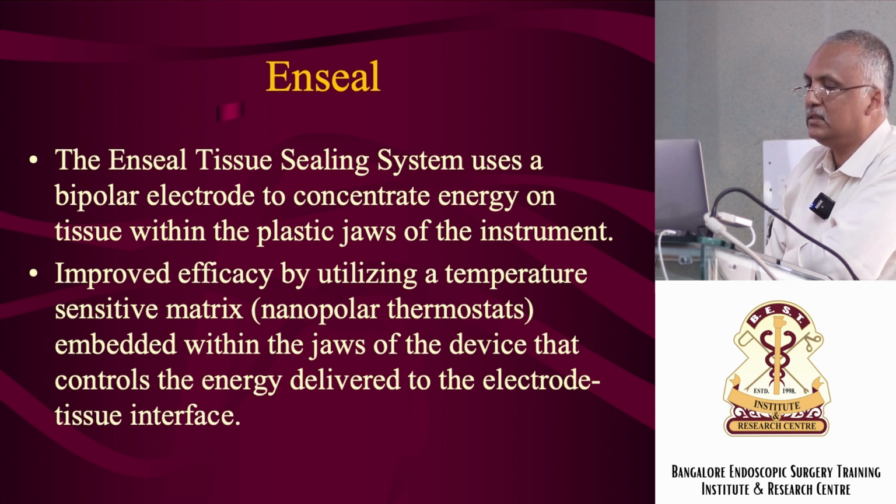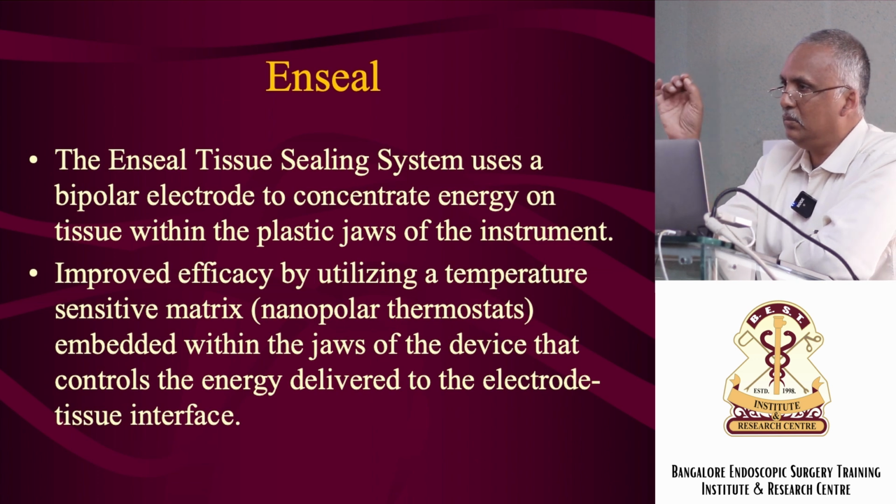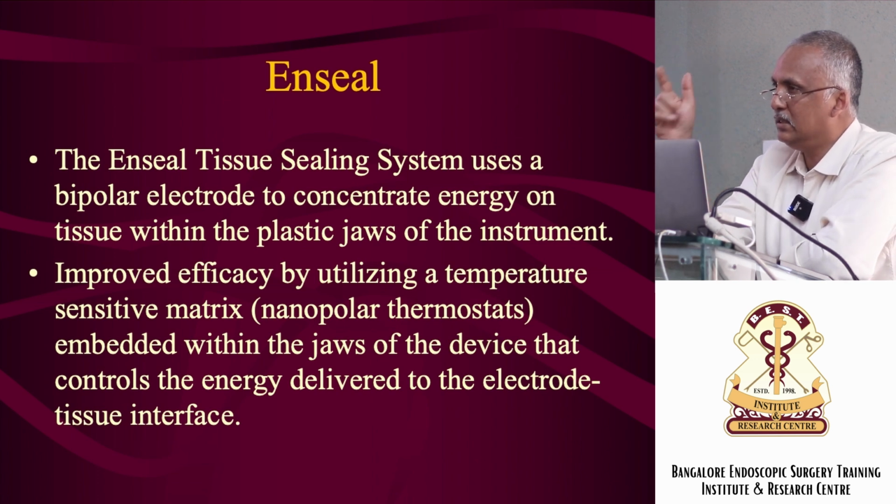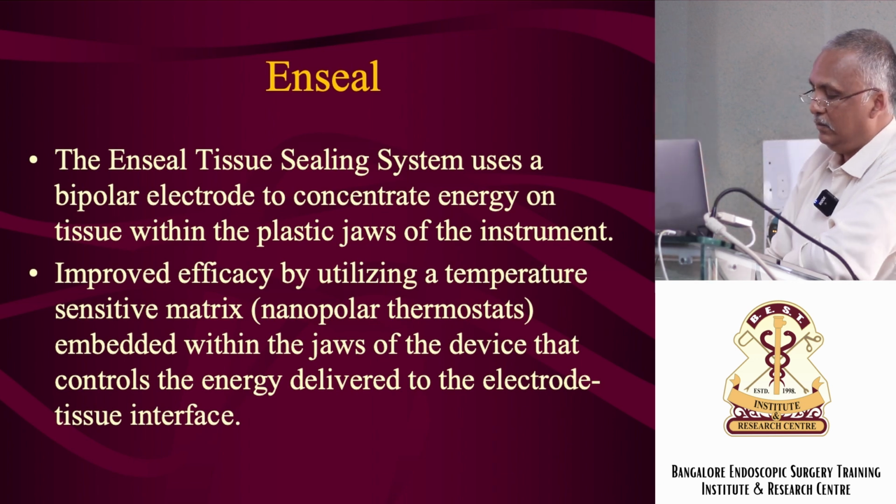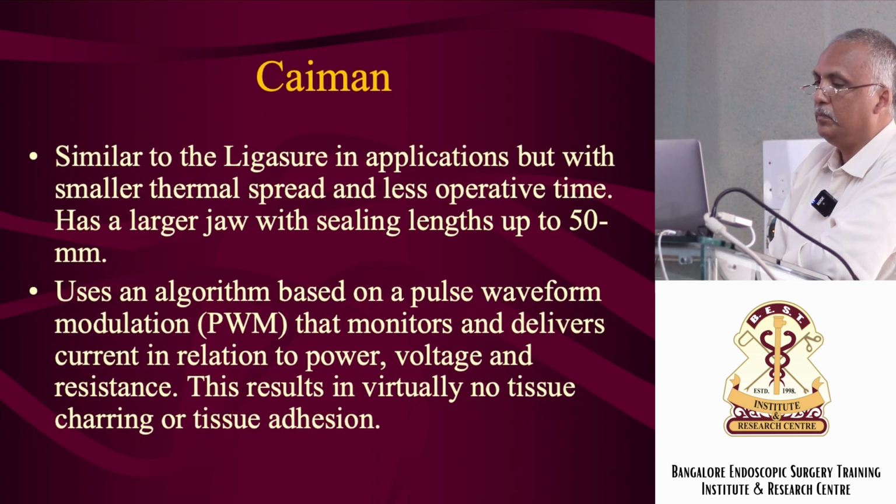EnSeal is the same thing, little different. They have thermal sensors on them, and it is an intelligent machine. It can manage stopping the energy based on the temperature that the tissue is getting heated to.